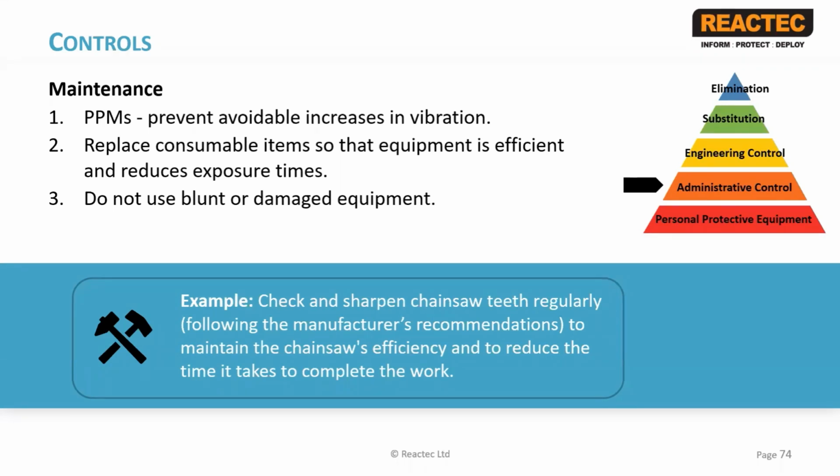And you should never use blunt or damaged equipment. The example given here is of the chainsaw. A chainsaw's teeth should be regularly sharpened in line with the manufacturer's recommendation as a way of ensuring that the chainsaw is efficient, but also to reduce the vibration magnitude emitted by the tool and to ensure that the work is completed efficiently and quickly.